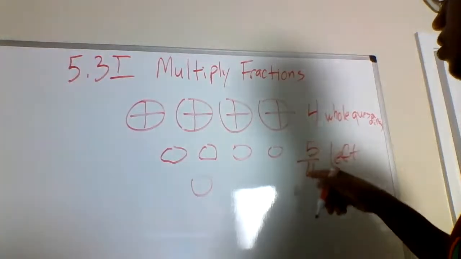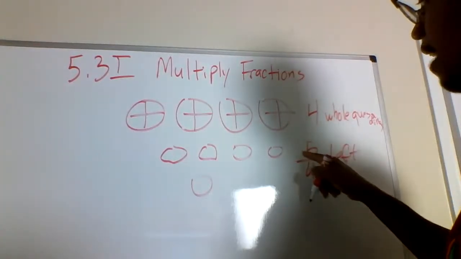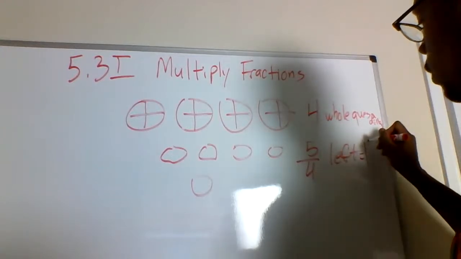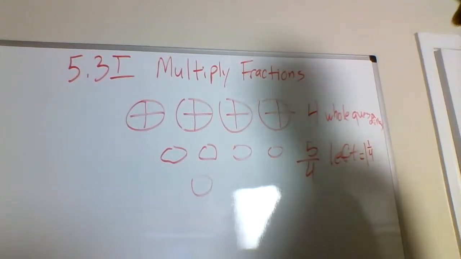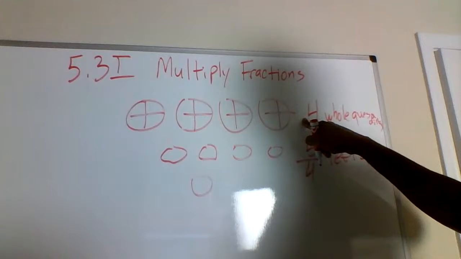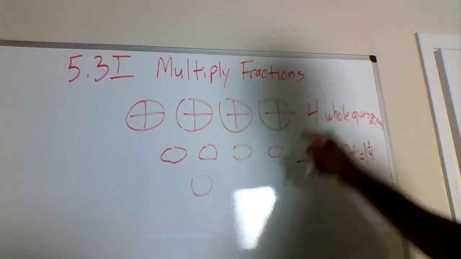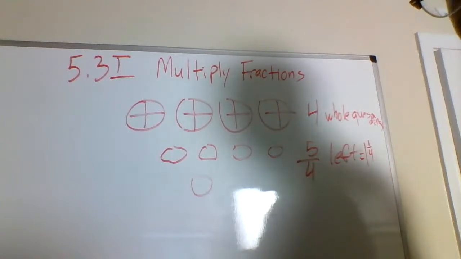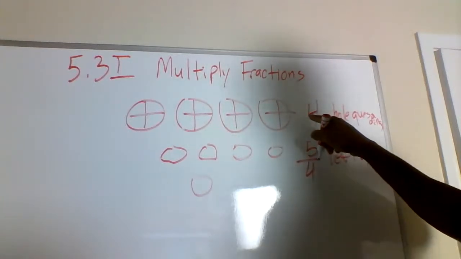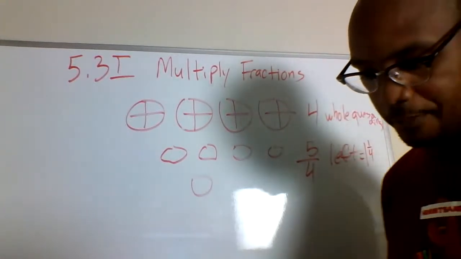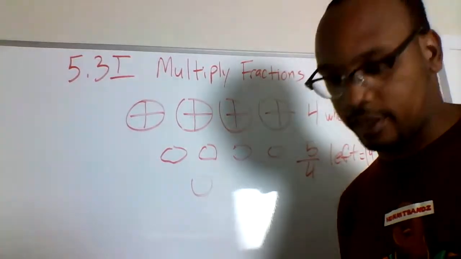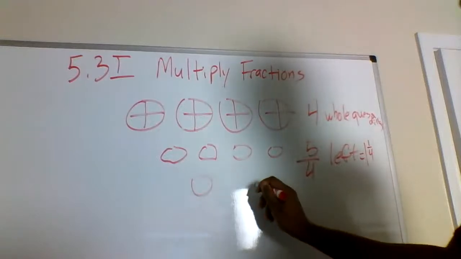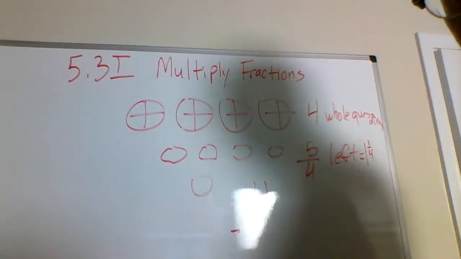So 4 wholes minus 5 fourths. Well, 5 fourths, we all know 5 fourths is 1 whole and 1 fourth. So if I have 4 wholes and I have 1 whole and 1 fourth left, all I got to do is subtract, and it'll tell me how much did they eat at the restaurant.